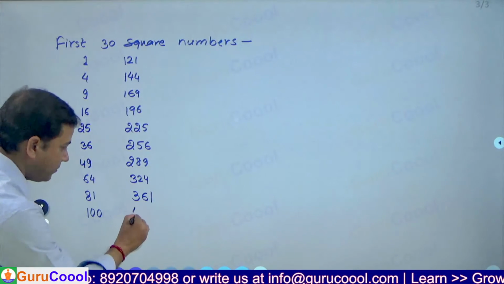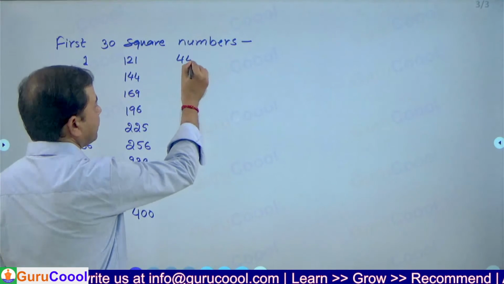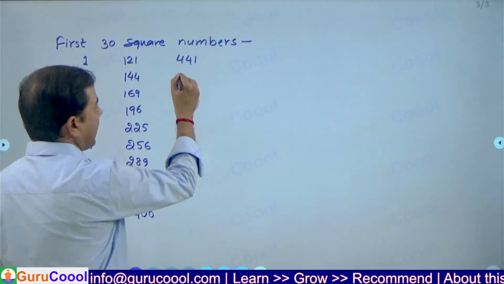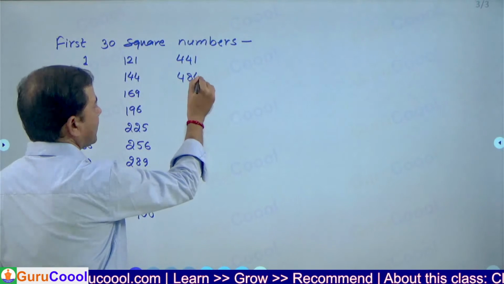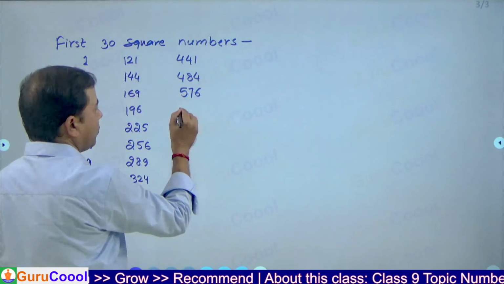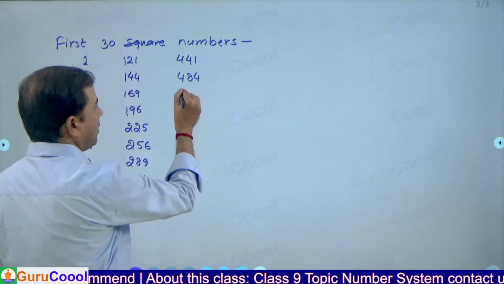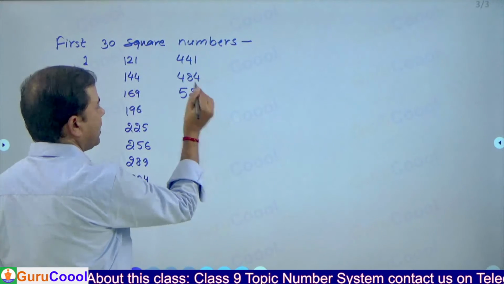20 square, 21 square, 22 square, 23 square, 24 square. 23 square is 529, I guess.